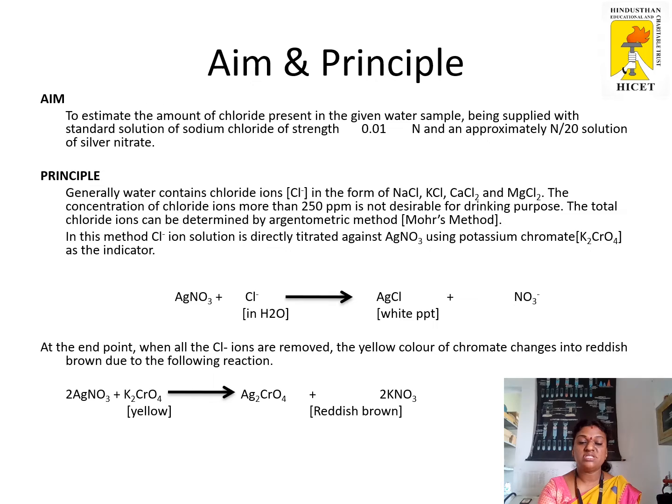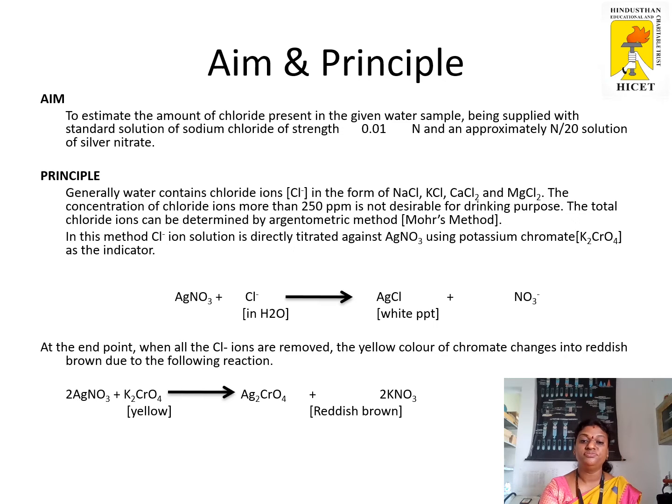So we are going to estimate the amount of chloride in the water sample by a method called the argentometric method or Mohr's method, using silver nitrate. The reaction between the silver nitrate and the chloride present in the water forms a silver chloride precipitate.